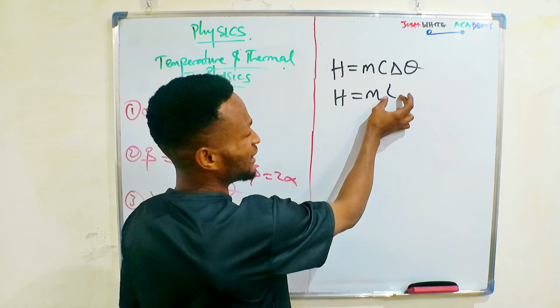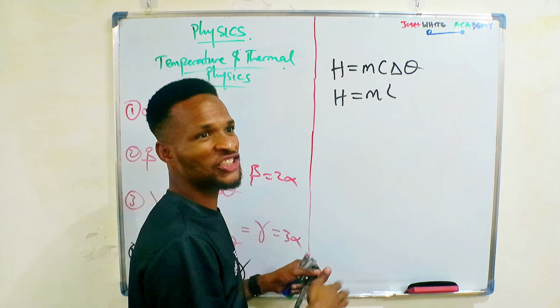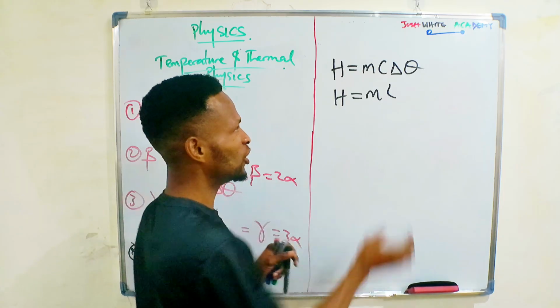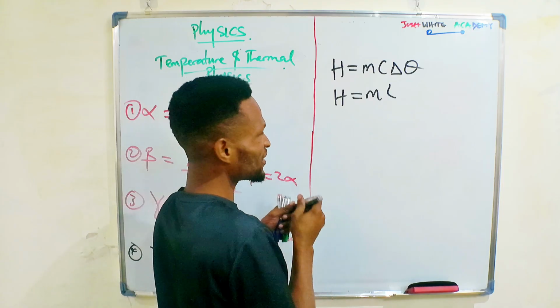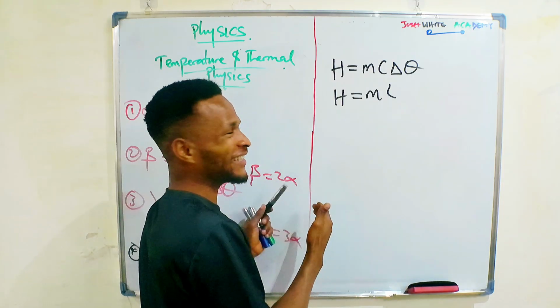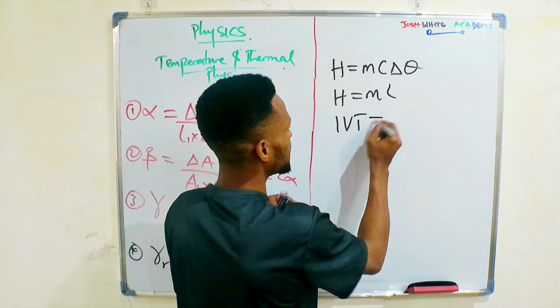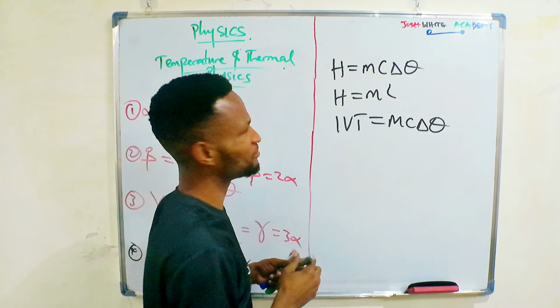Because at latent heat, there is no change in temperature. For example, a solid is changing to liquid. At that point where it is melting, there is no change in temperature. So it's ml. Another one we can have is when there is a conversion from electrical energy to heat energy. So it can be IVT equals MC change in temperature.